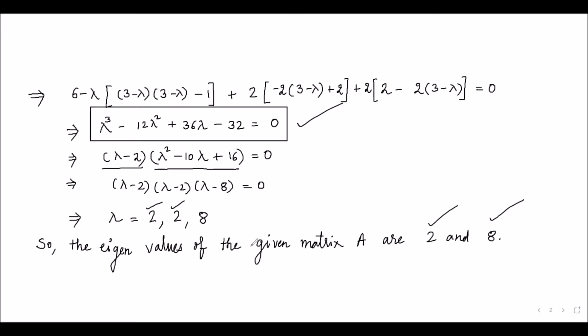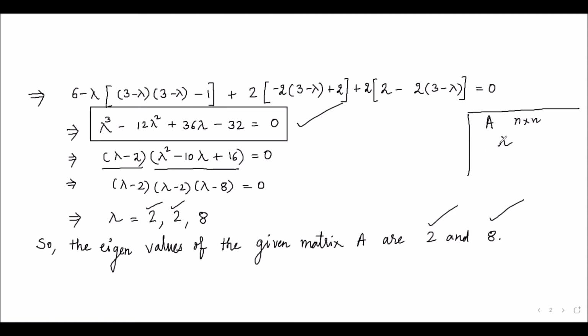Now, for these eigenvalues 2 and 8, we will be finding eigenvectors. Now, what is an eigenvector? Let us discuss briefly. A is a square matrix of order n, and suppose lambda is its eigenvalue.